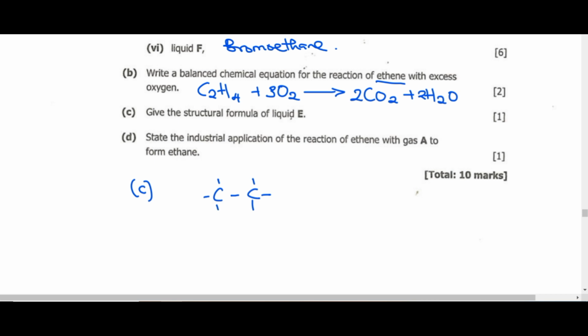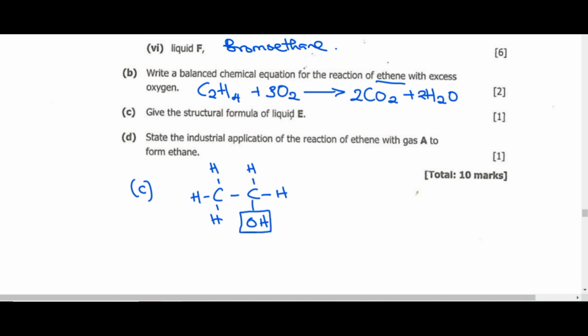So here we are going to have 1, 2, 3, 4, and then we have 5 there. So we are remaining with only 1. For us to understand and know, we have to write this, which will help us identify that this is ethanol.